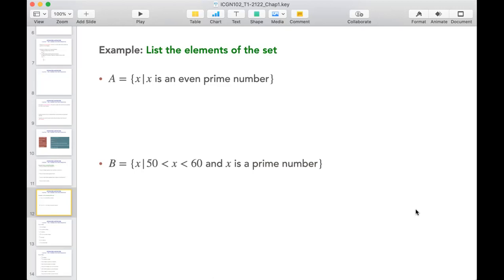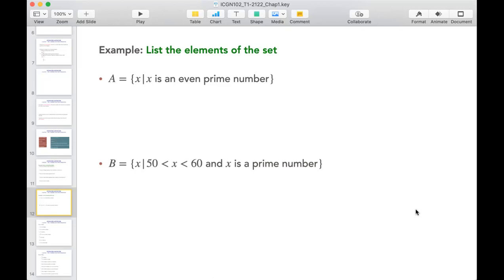52, 2. 53, no. 54, 2, 3, 27. 55, 5, 11. 56, 2, 4, 28. 57, 3, and 19 as well.